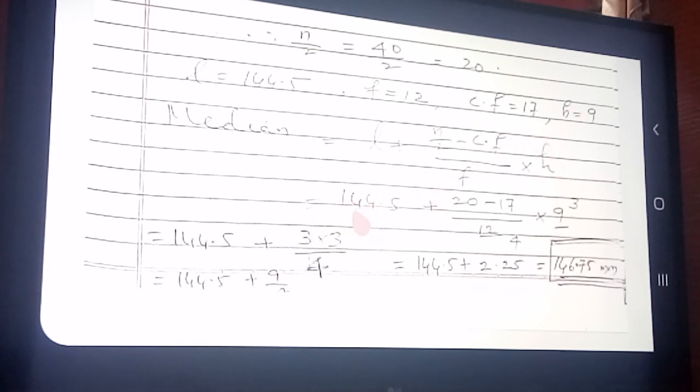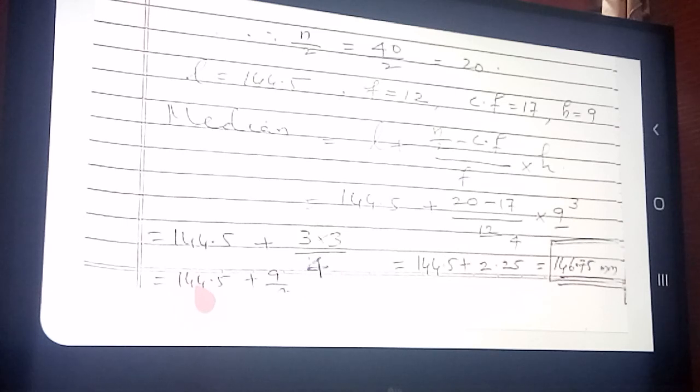So 144.5 plus (20 minus 17) divided by f, which is 12, into h, which is 9. So this 9 and this 12 I cancelled here, and here 3 coming, here 4 coming. So 20 minus 17, how much will come? 3, and that 3 together I wrote here, 3 into 3 is 9, 9 by 4.